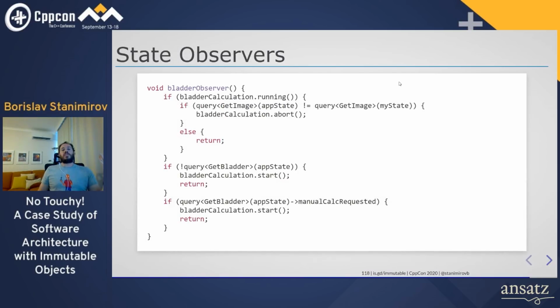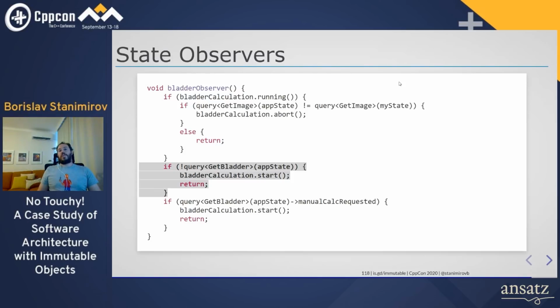So the small example for this will be like the bladder observer. That's something too narrow to actually exist in our code, but let's say we could create something like this. If we have a currently running bladder calculation, but also the image of the state is not the same image that we are running this calculation on, then we abort the calculation. Else, we're doing what's correct, so we return.